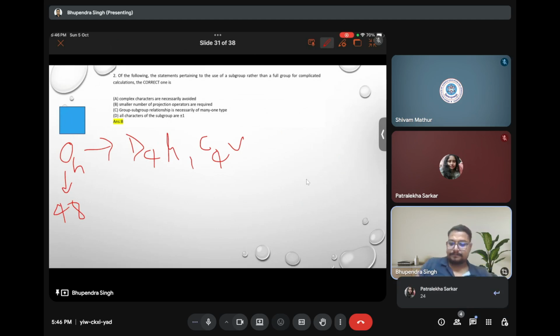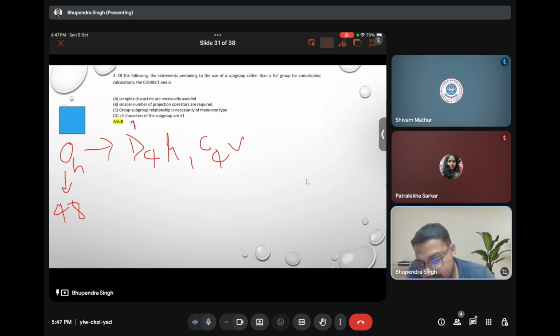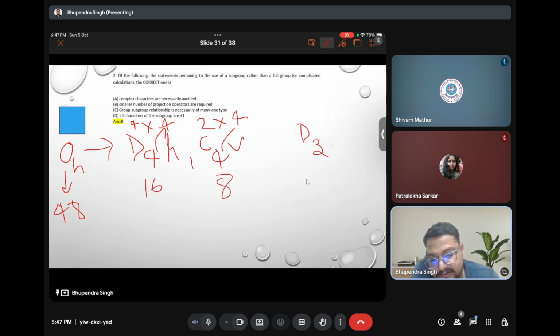Not 24. You have to apply 4 into 4, where 4 is n. So total is order 16. And if the point group starts from C, then 2 into n, 4, it will be 8. So what will be the order of D3h?